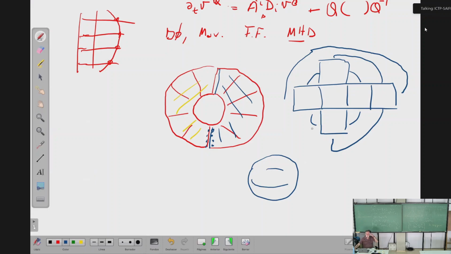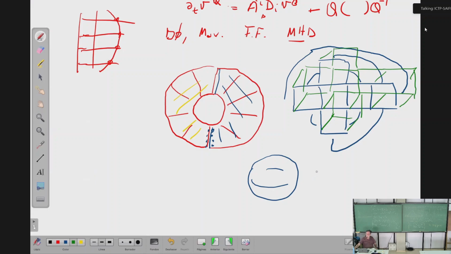Okay, so you can get a sphere with grids, and then you can give volume to this. So for instance, you write a grid now on top of this like this, and here like that, and here like this, right?